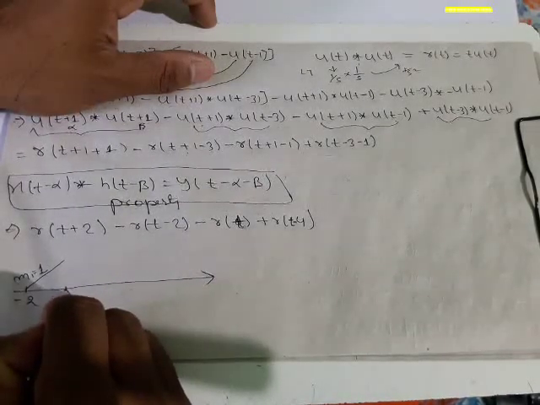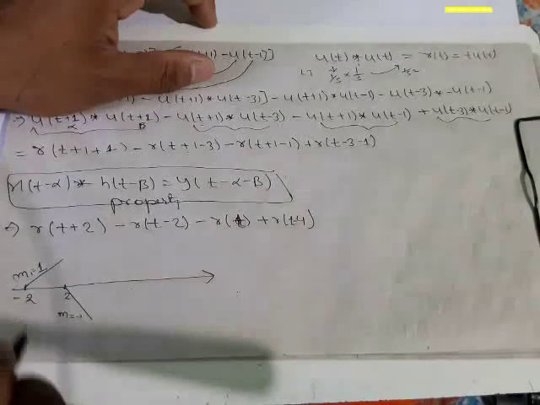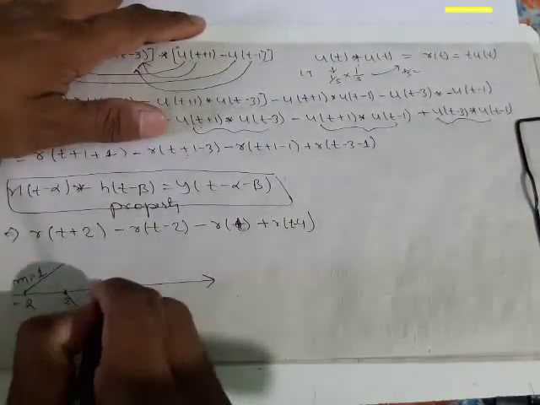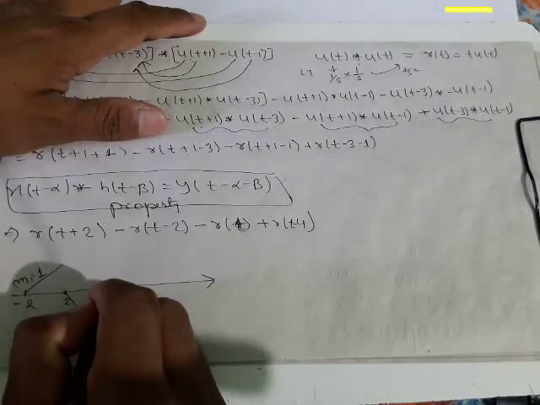So we can find the convolution of two. What we have seen is that the convolution of two unequal length rectangular pulses is nothing but a trapezium. If the length is the same, then the resultant is a triangular pulse.